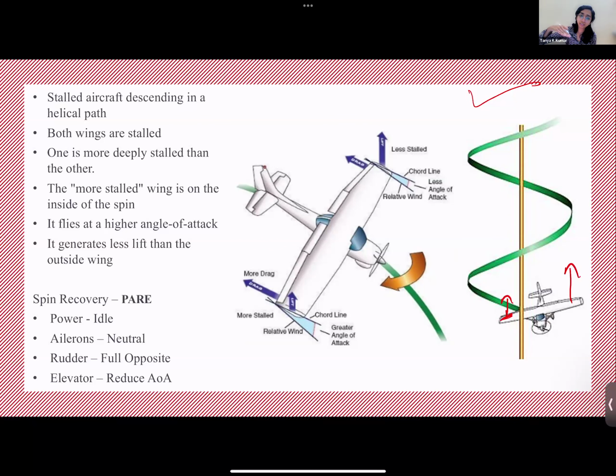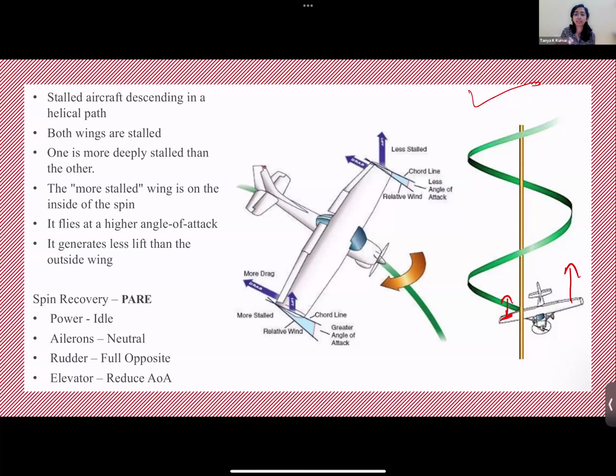So it tends to dip towards the inside. It tends to dip and it follows that path, and progressively the lift is reducing on both the wings. So it moves downwards in a spiral. And the inside of the spiral is the wing that is more stalled, or the wing that produces less lift.